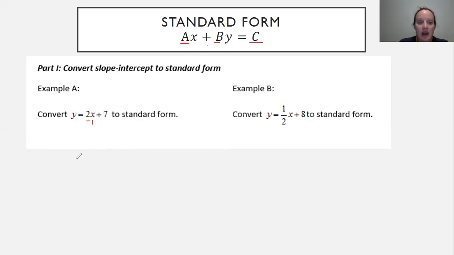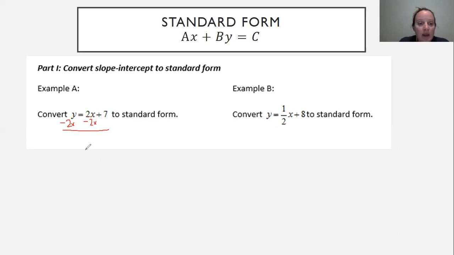Hang on, guys. Let me clear all my drawings off here. I'm going to subtract 2x from each side because I want my x's and my y's to be on the same side. Now, when I move my 2x to the other side, please note that I can't combine the negative 2x and y. Those are different variables.